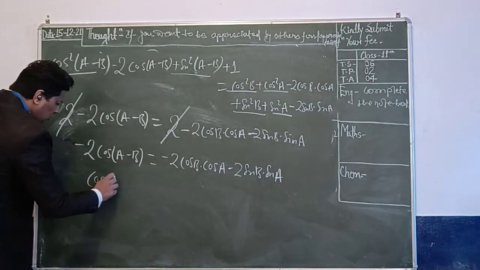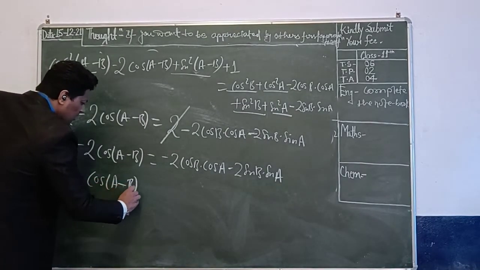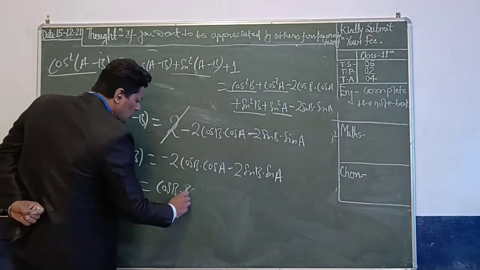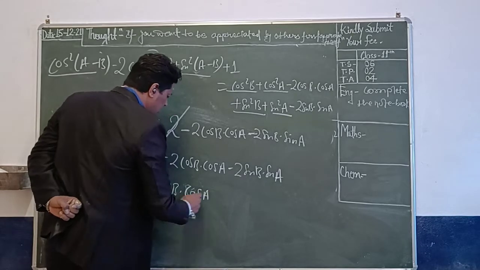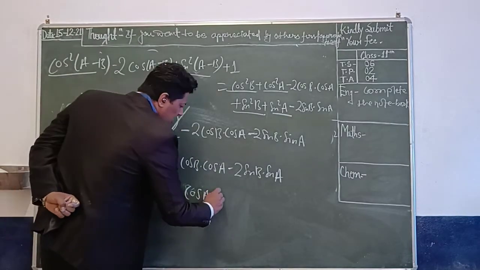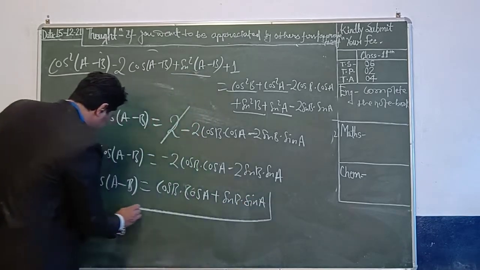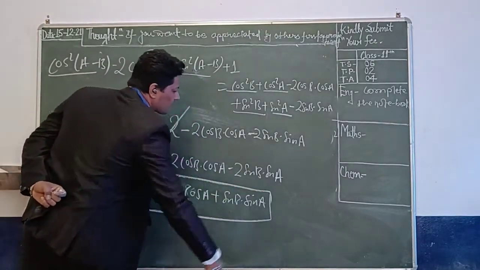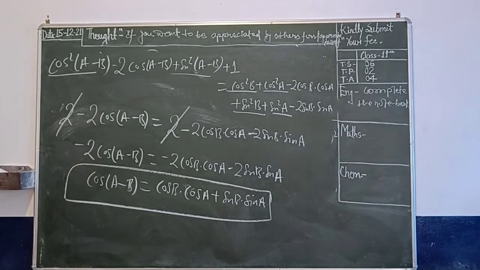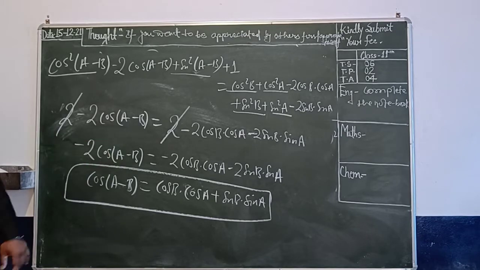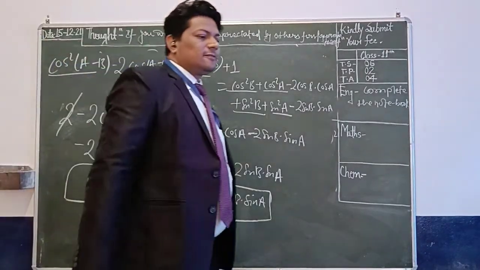What we will get is cos A minus B is equal to cos A into cos B plus sin A into sin B. Is it clear? Any doubt? This is the first one.